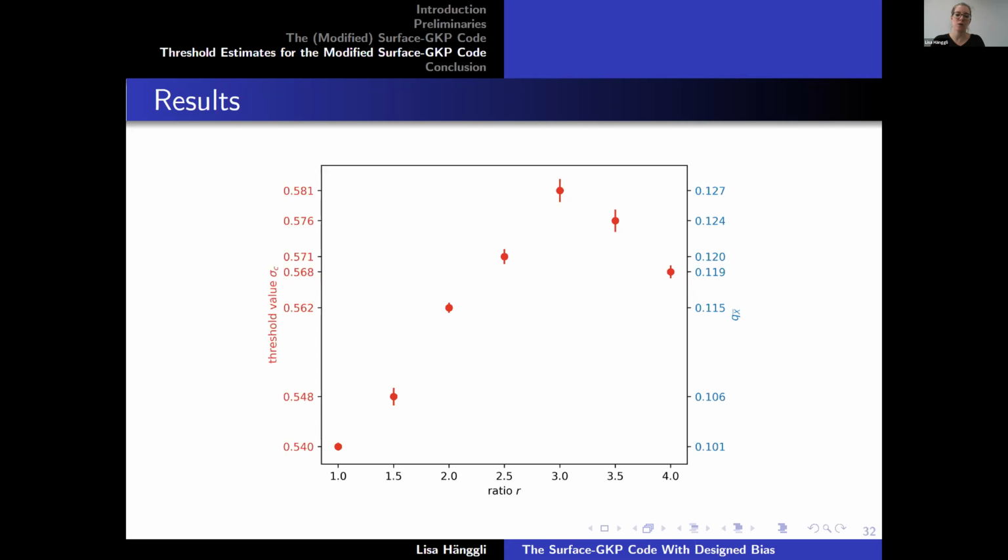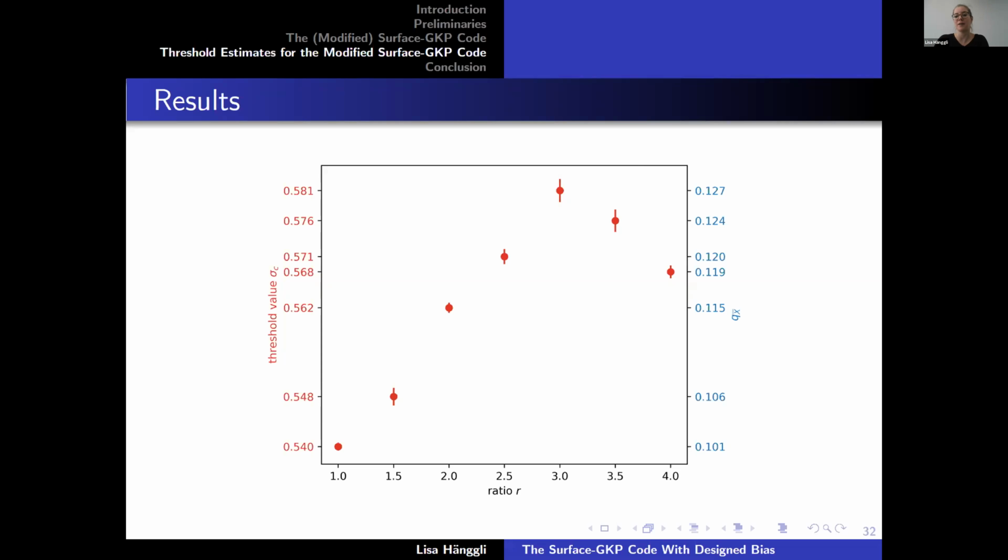Whereas for small code sizes, for higher ratios, somehow the lines of the logical error probabilities get messed up at some point. So I think the ratio 3 might depend more on the code sizes that we actually chose.